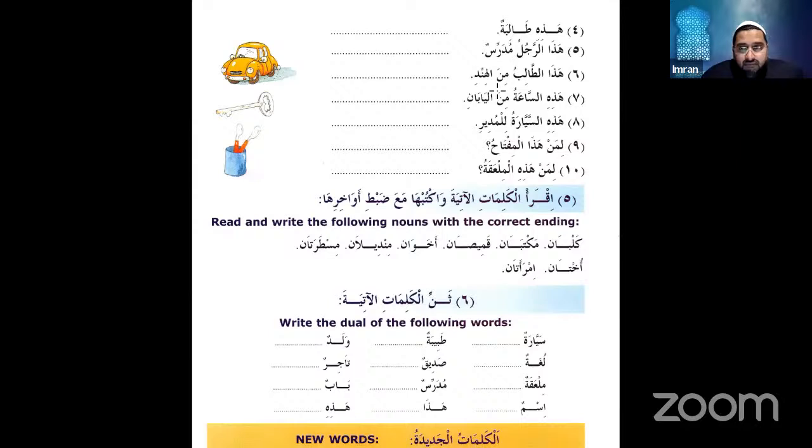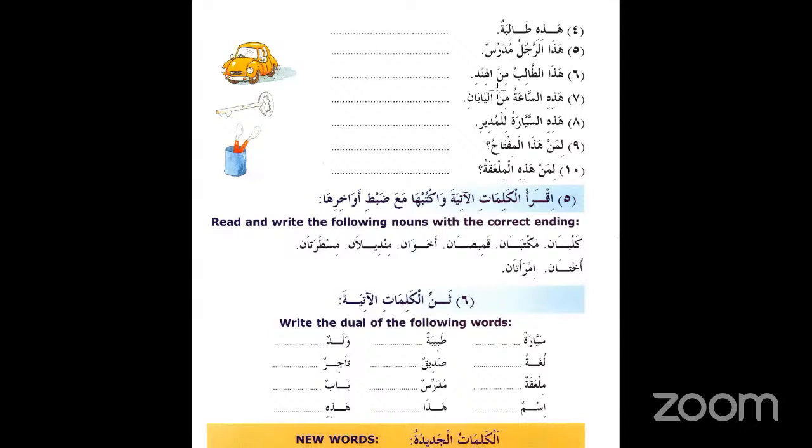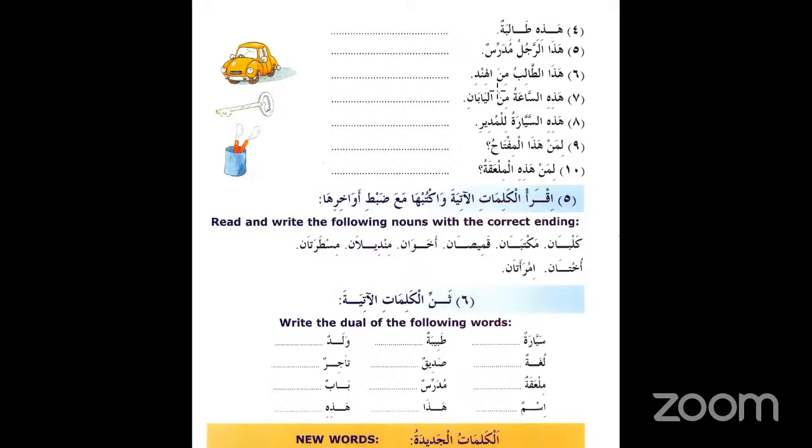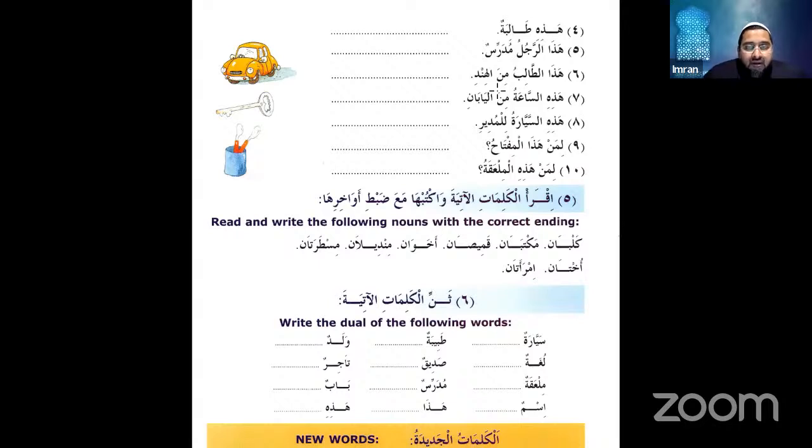Correct. لمن هذا المفتاح؟ لمن هذان المفتاحان؟ Correct. لمن هذه الملعقة؟ لمن هاتان الملعقتان؟ Correct. What's ملعقتان?